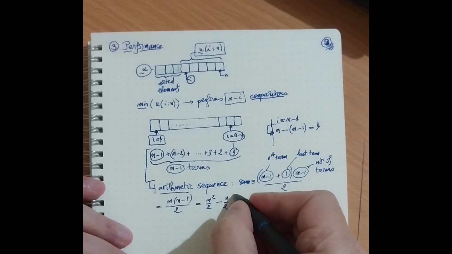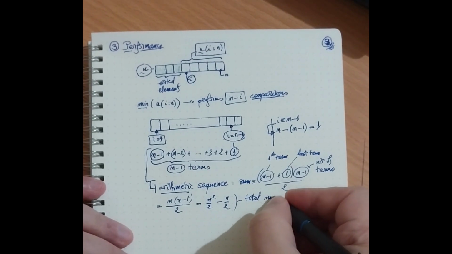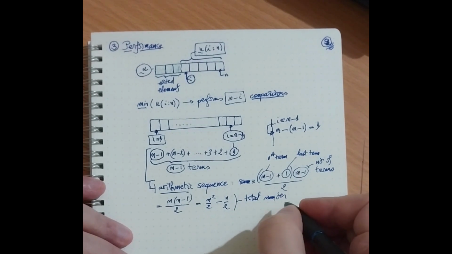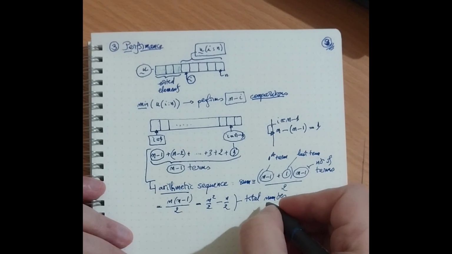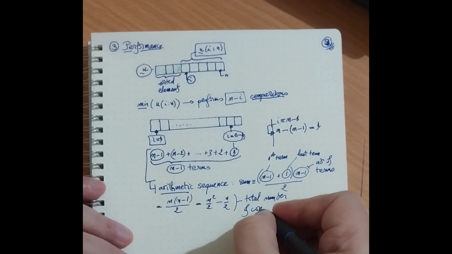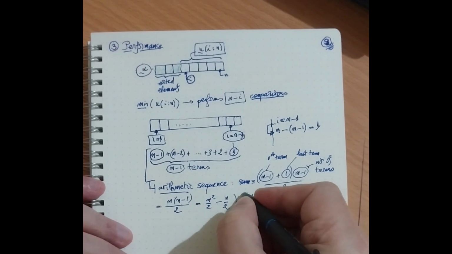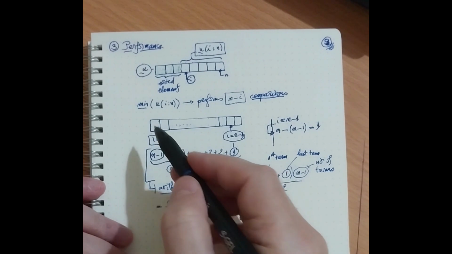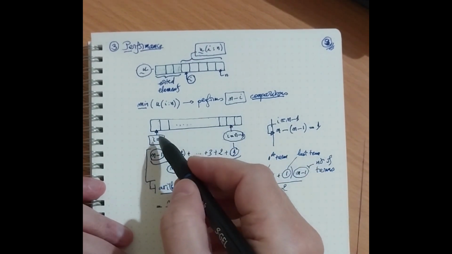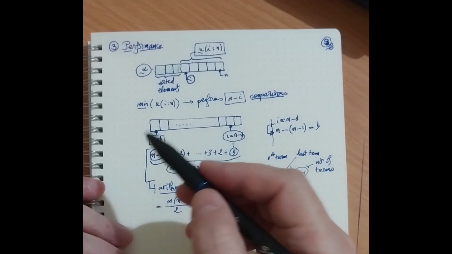This is the total number of comparisons that our algorithm has to do in order to sort all the elements from i equal 1 till n minus 1, the for loop.